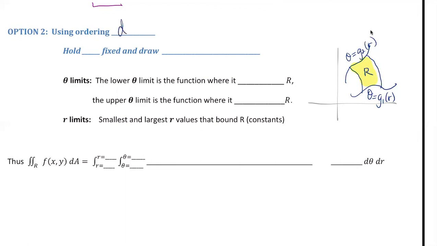Okay, so if I'm using the ordering d theta dr, now I'm fixing r and I'm drawing these theta curves. If you're thinking of chopping up our region with a knife, when I am integrating first with respect to theta, my knife now is going to go along curves of constant r. So let's imagine these are curves of constant r, and I'm going to start getting my knife doing things like this.